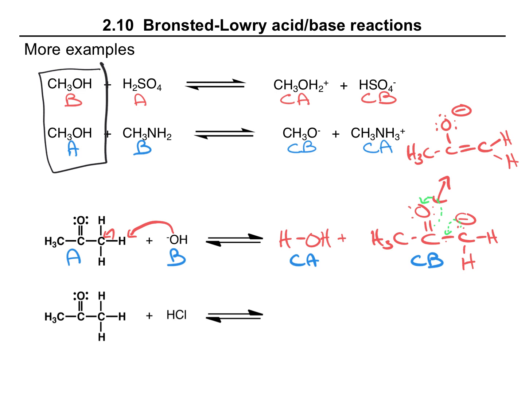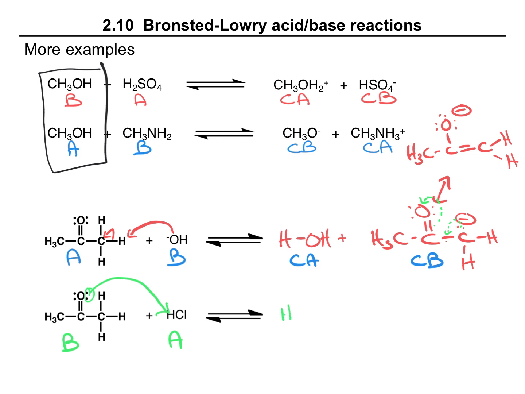Now, in another example, we are starting with the same starting material, acetone, but now we're reacting it with HCl. HCl, hydrochloric acid, that is an acid. So this is our acid, and this is going to act as our base. So this pair of electrons can be used to grab the proton, putting the shared pair of electrons that I didn't draw in here, the shared pair between the hydrogen and the chlorine, move onto the chlorine.